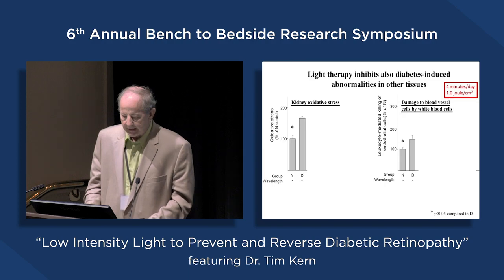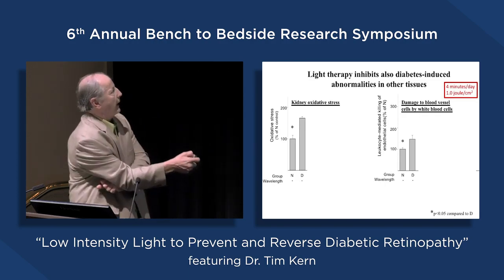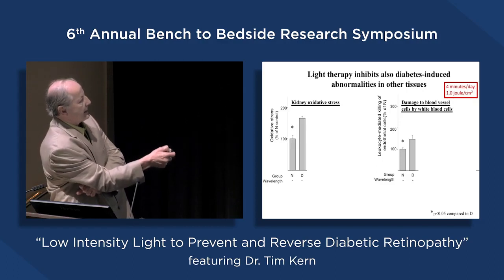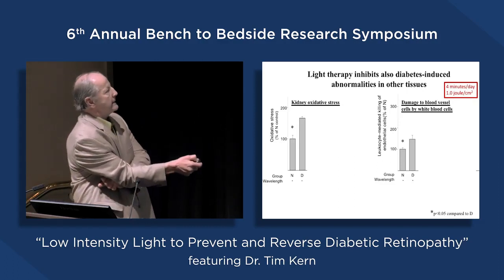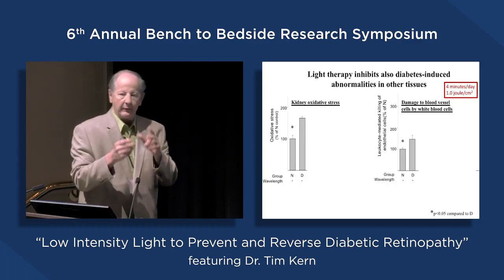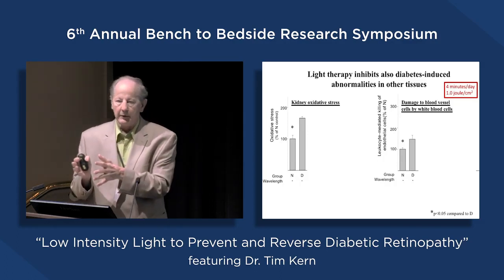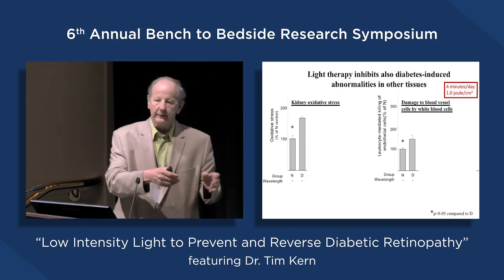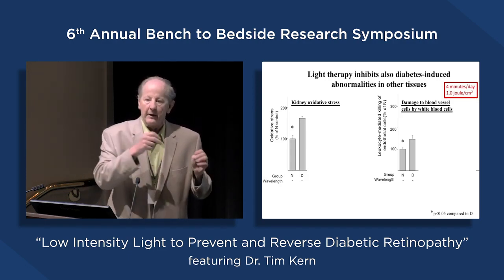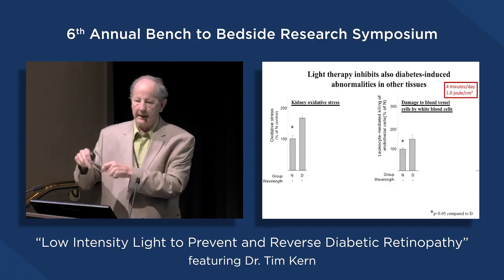So this is some data that we are generating now. Basically this is oxidative stress in the kidney. We have evidence that leukocytes taken from a diabetic patient or a diabetic animal, if placed on endothelial cells, will kill endothelial cells more than the leukocytes from a non-diabetic patient.